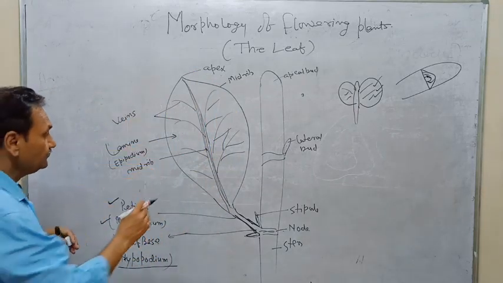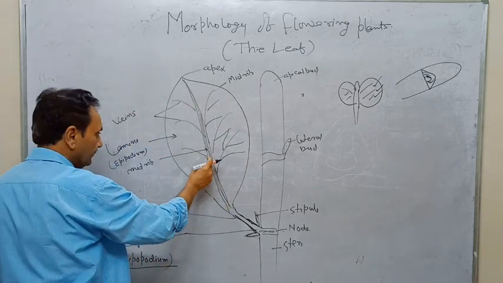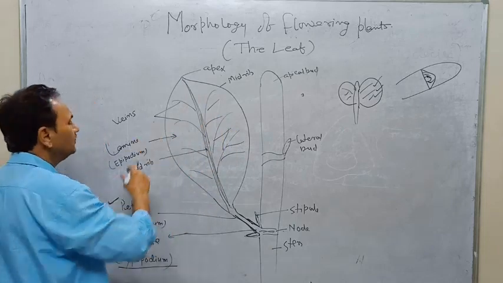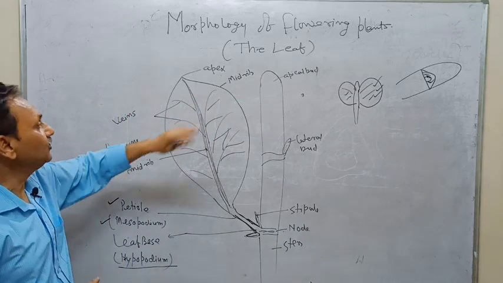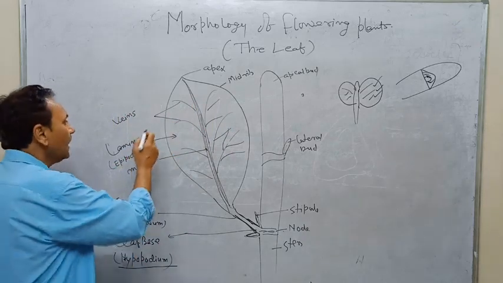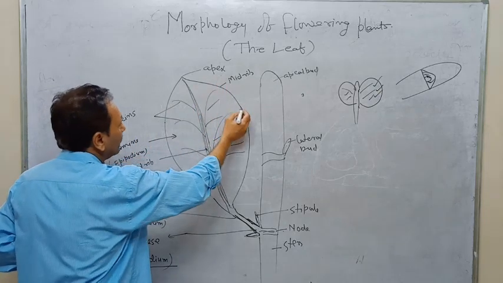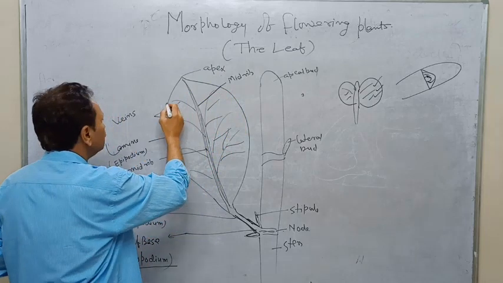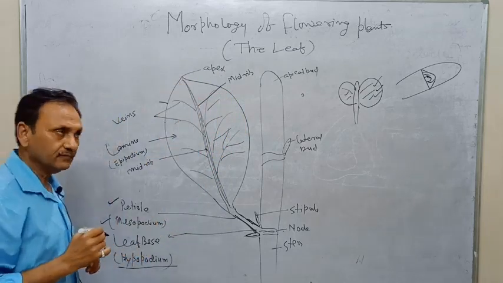Inside the lamina there is a midrib, and from the midrib many veins are formed. On the basis of their arrangement, we will study that venation is of many types. This one is the midrib, this one is the margin, and this is the apex of the leaf.